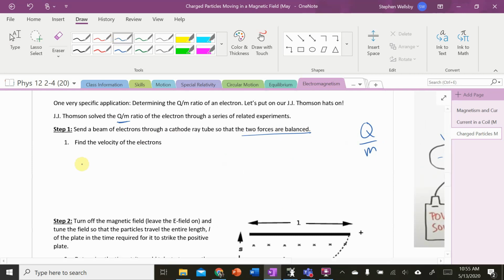Okay, if you've tried this out here, then we know that our magnetic force is going to equal our electric force. Now this formula is Q times V times B. I'm emphasizing that it's a little v because I don't want you to think it's voltage.